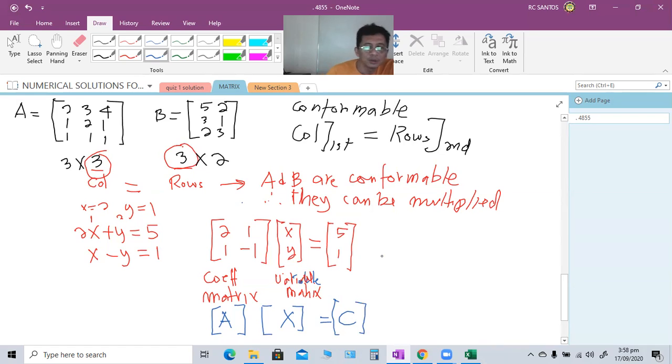Now, if you want to solve the matrix, parang yung, halimbawa, if you have, let's say, 3x is equal to 6. Anong ginagawa natin? We divide both sides by 3. Ito, 3 divided by 3, 6 divided by 3.